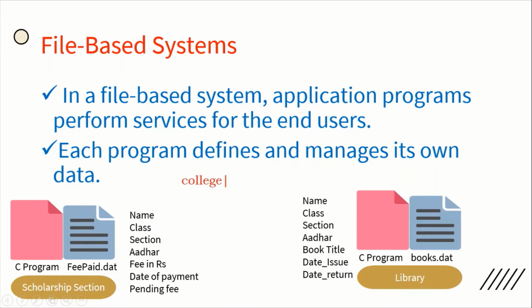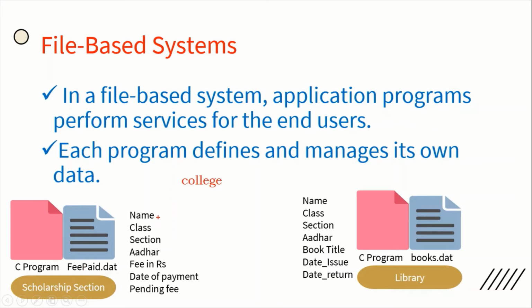In our college we have a library, right? In our college we have a scholarship section. Here they are maintaining one data file. The name of the data file is fee paid dat. It is a data file. What are the fields in this data file?